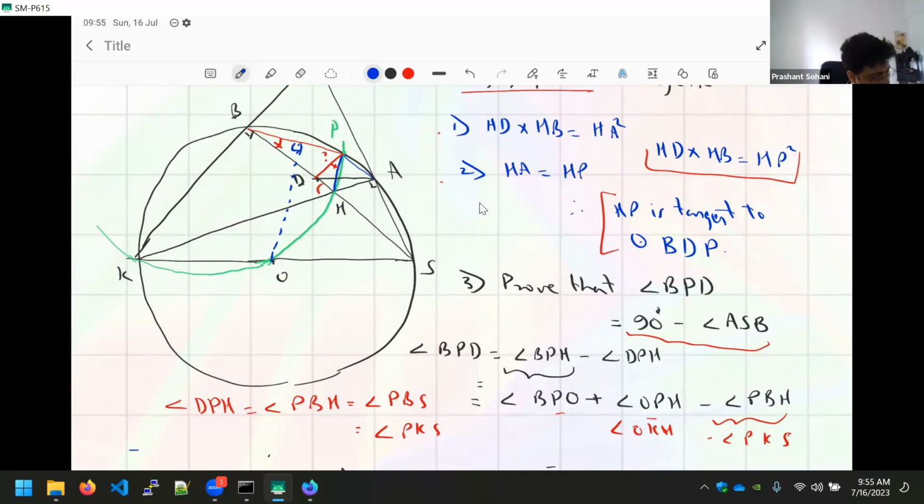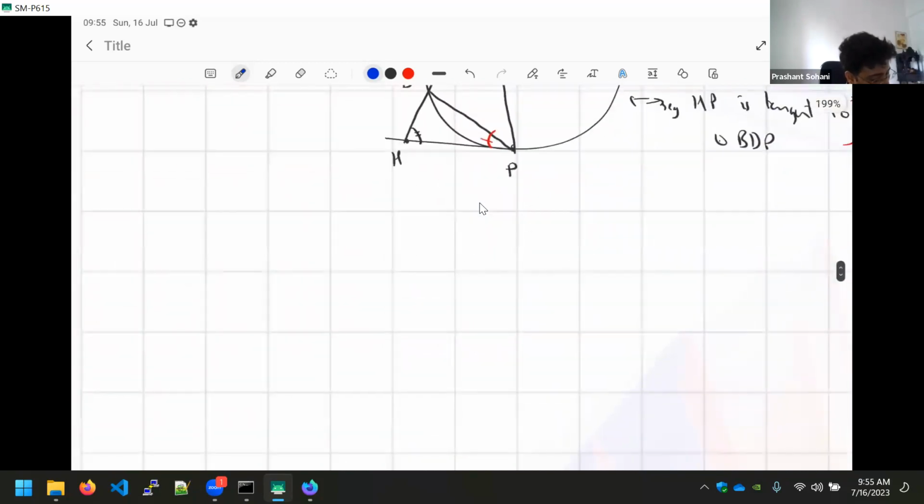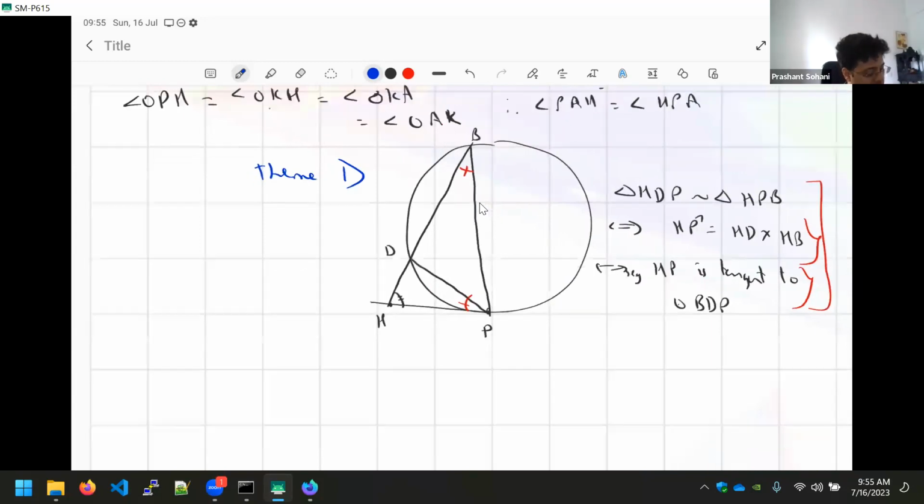So here again, there is one configuration, so let me draw that part separately, because you see, these are small things which occur all the time. So this is like theme one, the idea of tangent to a circle, and tangent plus chord, tangent plus secant. That is one thing.